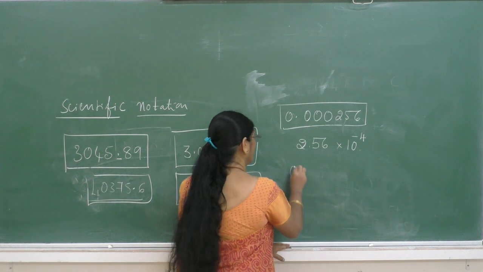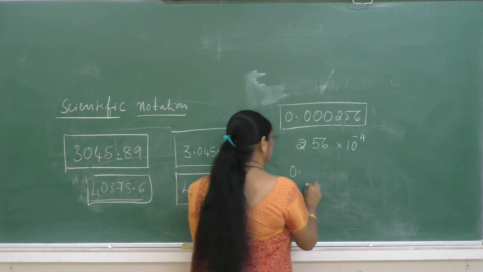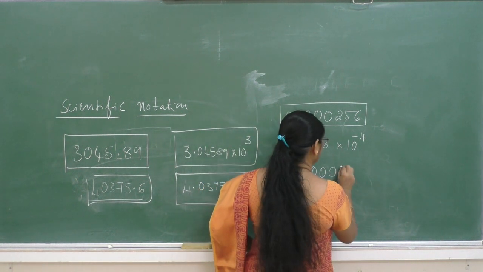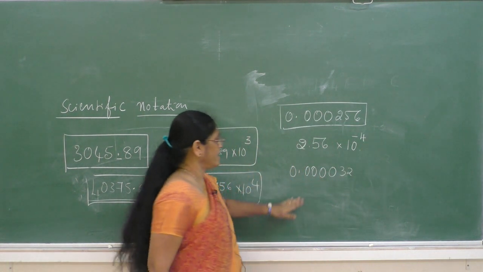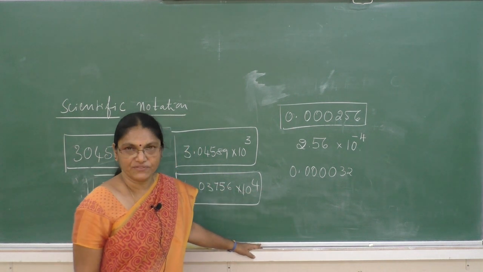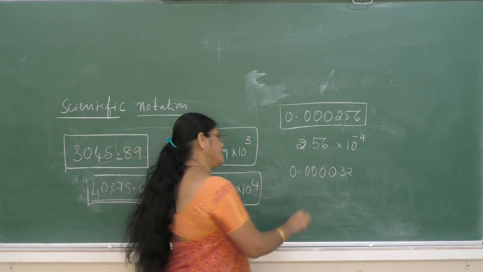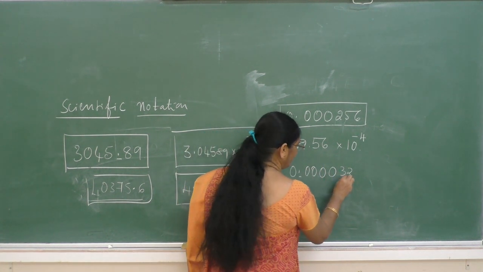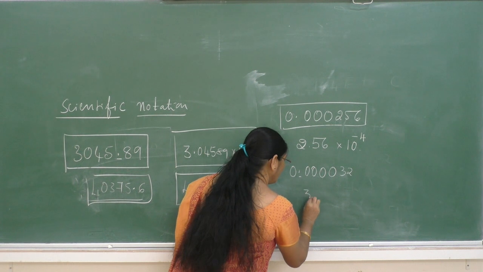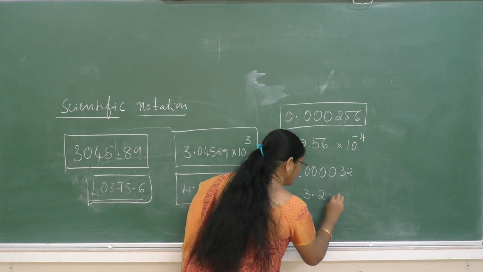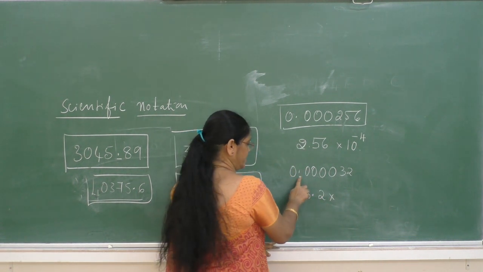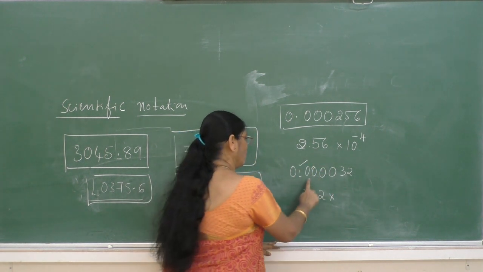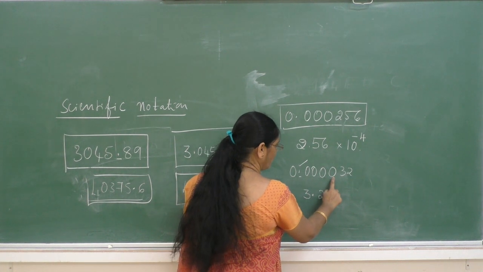So I will write one more example, that is 0.00032. Write this number in scientific notation. So here is the decimal point. This has to be moved after 3. So therefore 3.2 into how many digits is this decimal point moved? 1, 2, 3, 4, 5.